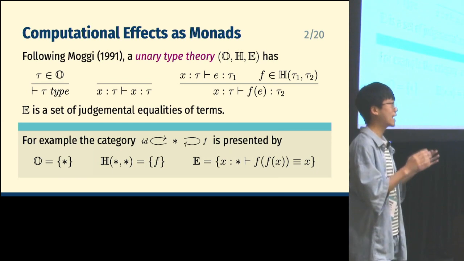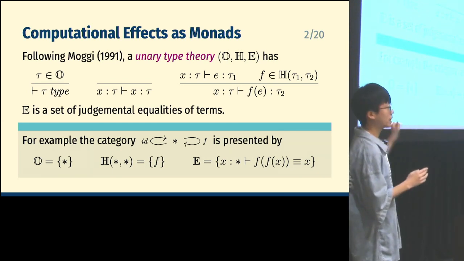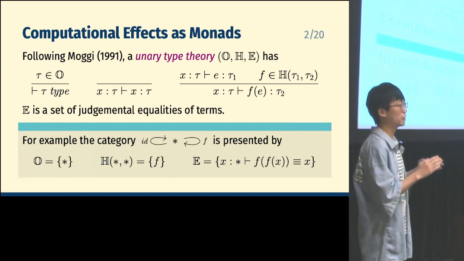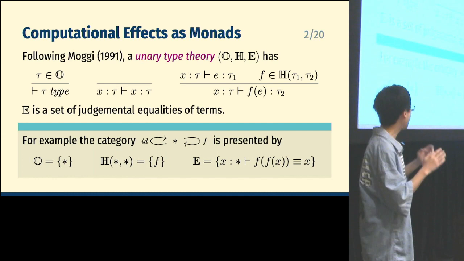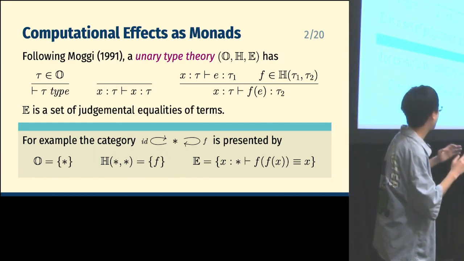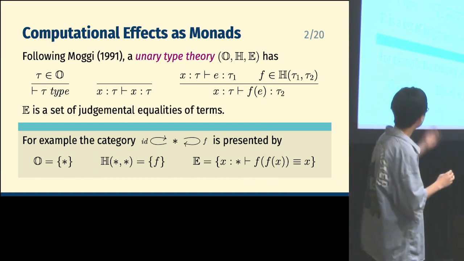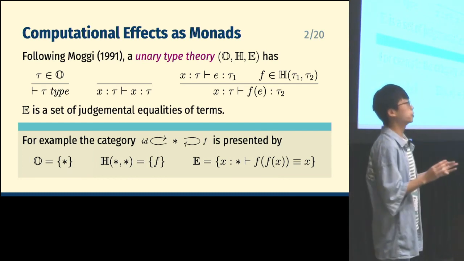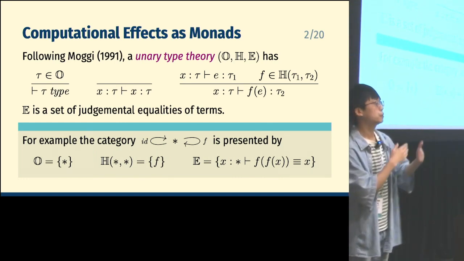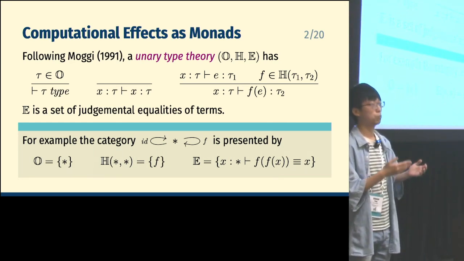Then this little category is presented by the Eulerian type theory with just one base type, one primitive term f, and one equation saying that f of f of x is equal to x. These three rules are the only rules we have for Eulerian type theory in general. But for some Eulerian type theories, we may have some additional structures, such as function types or product types.